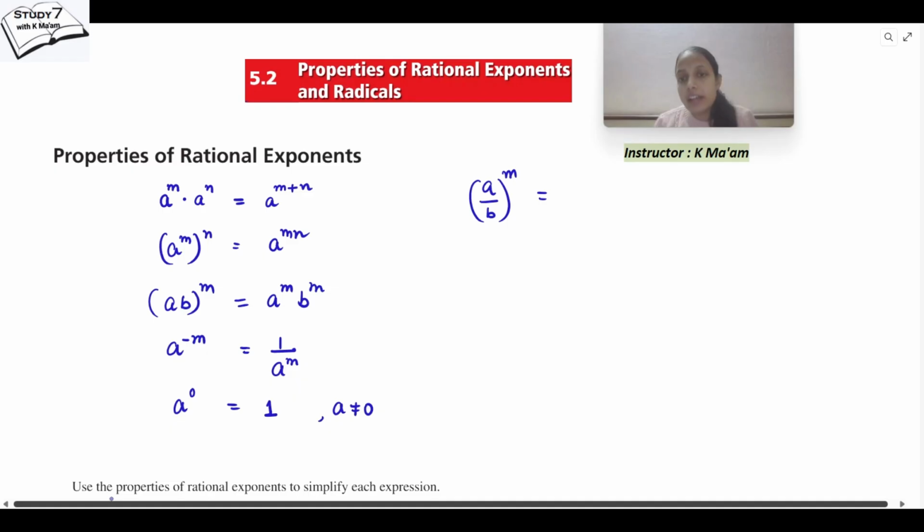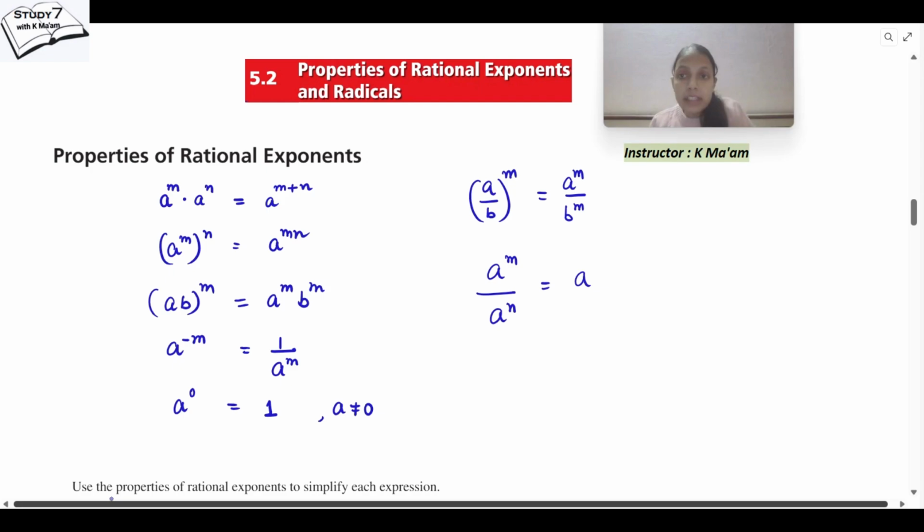The next is a over b to the whole power, that's a quotient. I can rewrite it as a to the power m over b to the power m. And if you have this, I can write a to the power m over a to the power n. They both are quotients. In the first, the bases were different, so we separate the power. In the next, the bases are the same, so I can arrange the power in a single term.